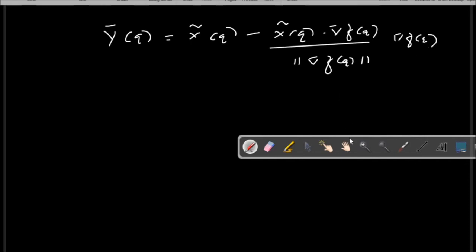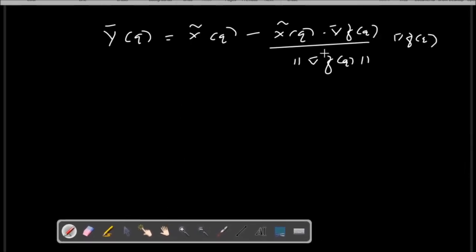What is the peculiarity of this vector field? This is a vector field constructed from x tilde. What is x tilde? X tilde is a vector field on V. Okay. So here if you take the dot product with del f of q, what will happen?